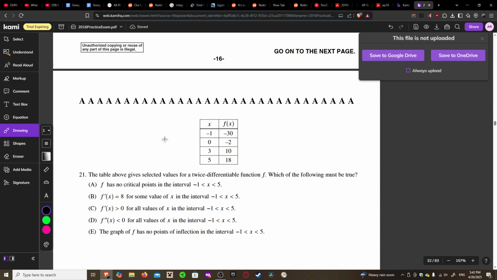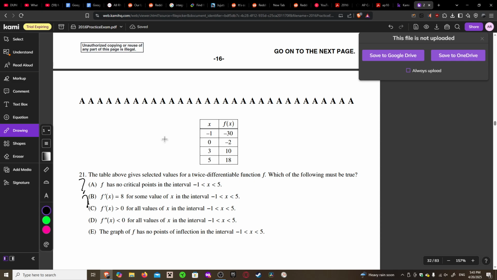Which of the following must be true? F has no critical values. I don't know about that. But let's see. It's increasing, increasing, increasing. It is indeed increasing, so that could be a maybe. F prime of x. Again, maybe.